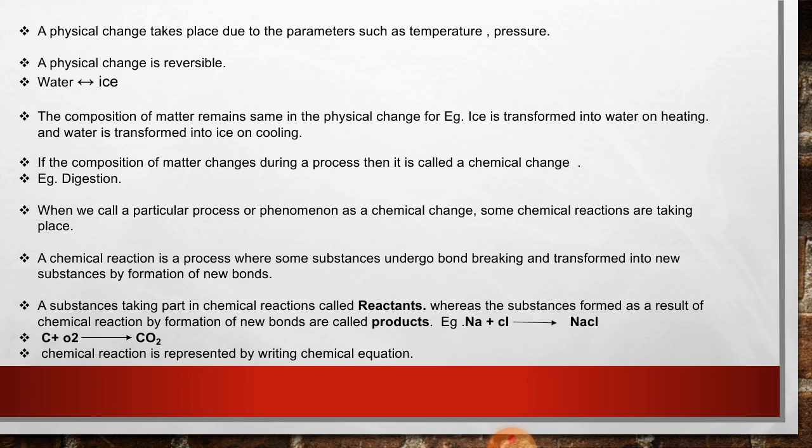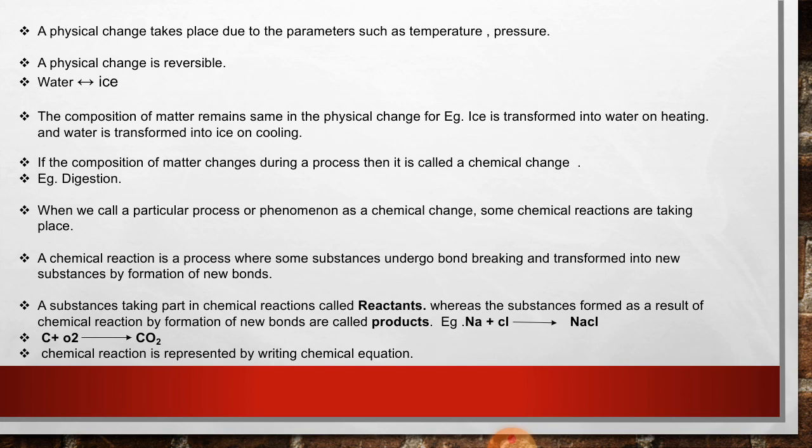The composition of matter remains the same in a physical change, that is, ice gets transformed into water on heating and water is transformed into ice on cooling. If the composition of matter changes during a process, then it is called a chemical change. In digestion, food undergoes various processes, so it is a chemical change.